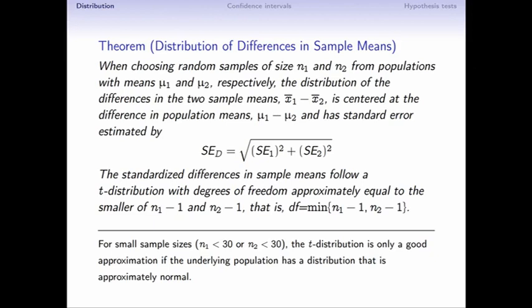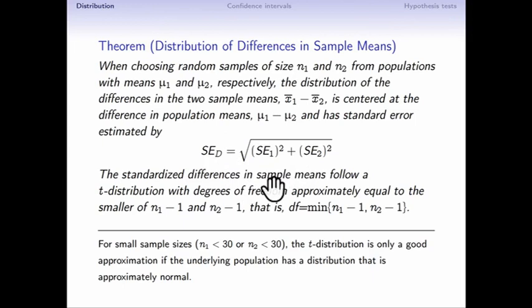When choosing random samples of size n1 and n2 from populations with means mu1 and mu2 respectively, the distribution of the differences in the two sample means, x1 bar minus x2 bar, let's think of that as the shape of the dot plot, is centered at the difference in population means, mu1 minus mu2, and has standard error estimated by the formula. So the standard error of the difference is composed of the standard errors of the two underlying pieces.